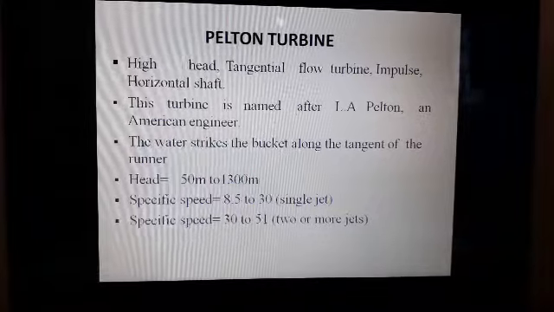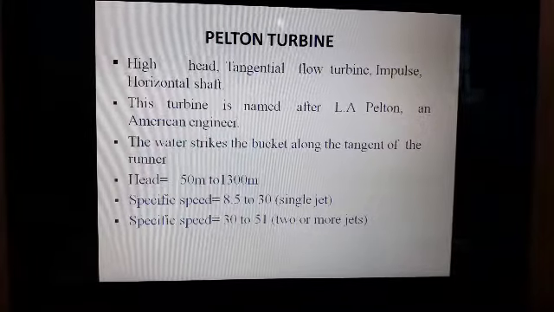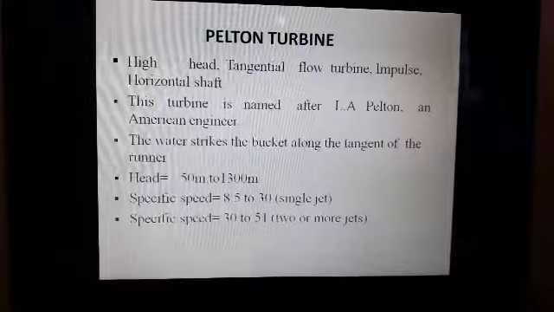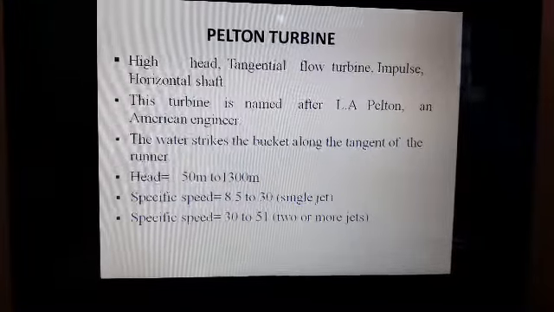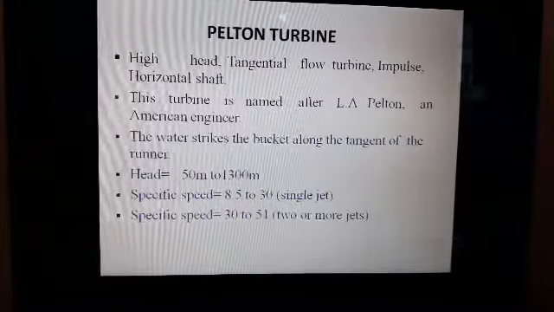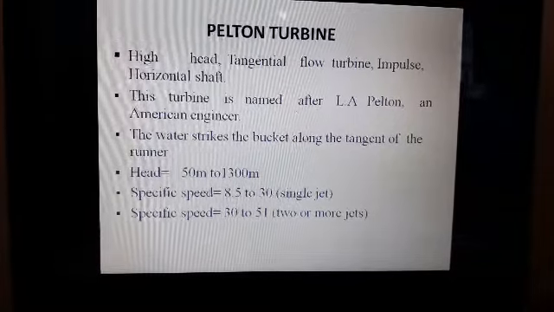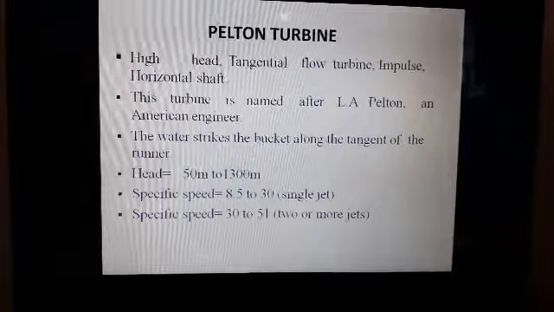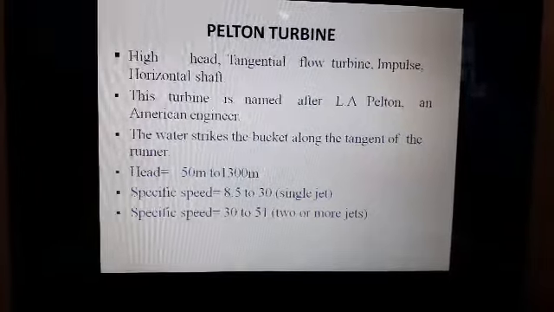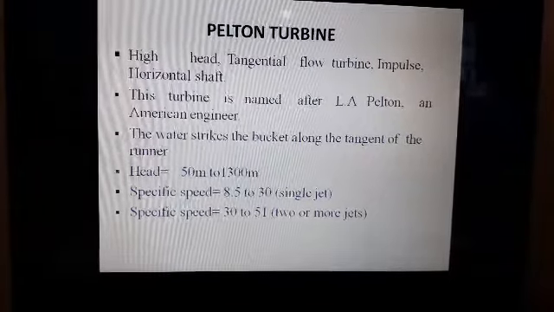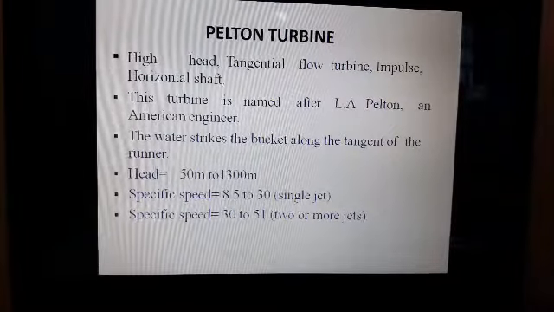The Pelton turbine is named after L.A. Pelton, an American engineer. In the Pelton turbine, water strikes the buckets or blades of the rotor in a tangential direction. It is a high head turbine and the head varies from 50 meters to 1300 meters.